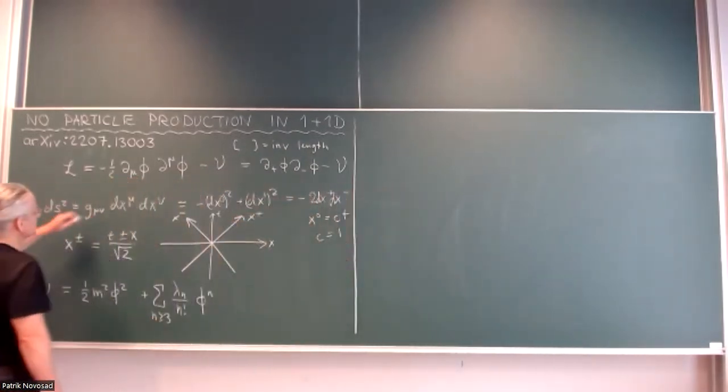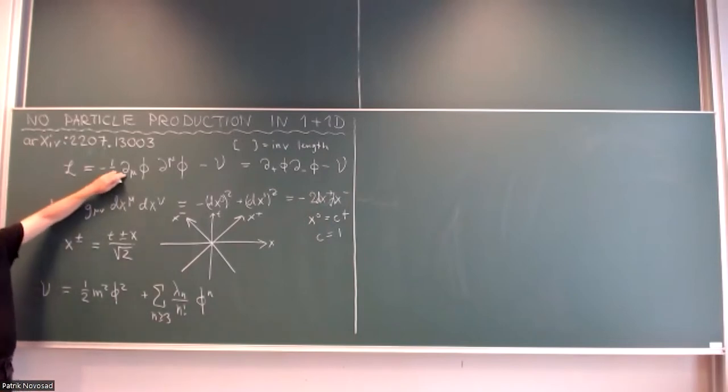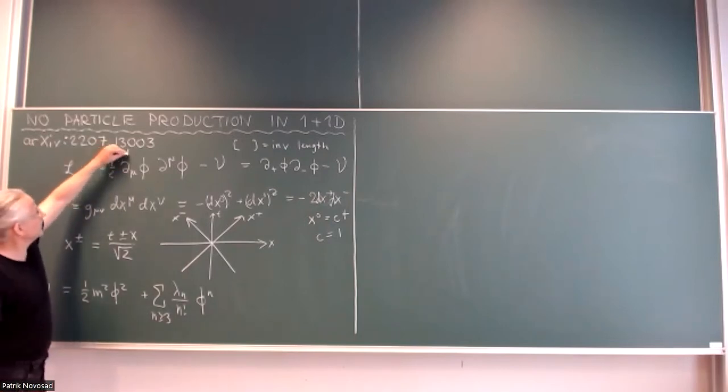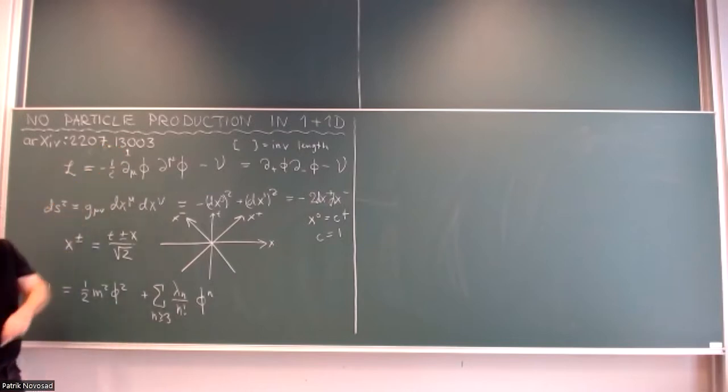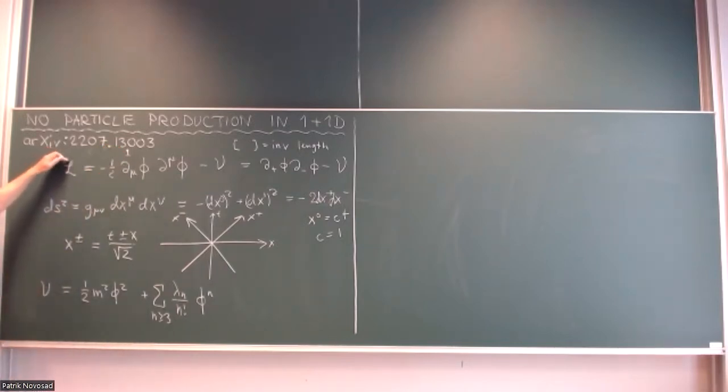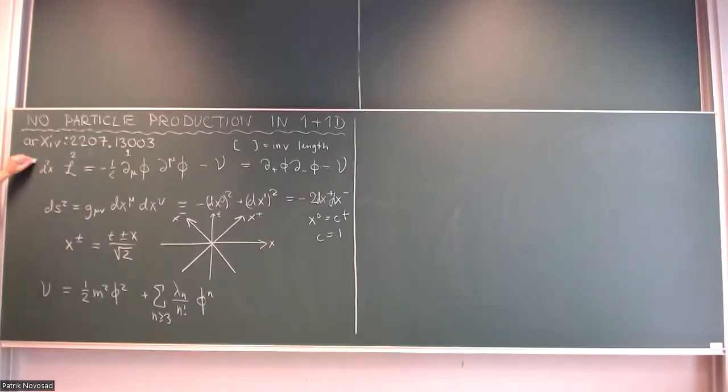So inverse length, that's the same as the derivative, right? So the derivative would have inverse length dimension 1 here, and the Lagrangian density will actually have inverse length dimension 2, because if we integrate over space-time, then we should get the action, which is dimensionless. Is this clear?